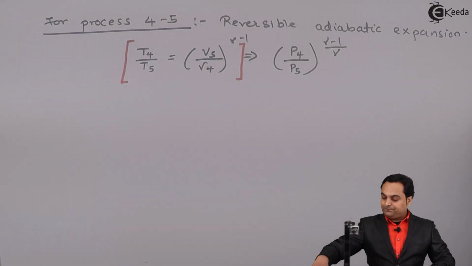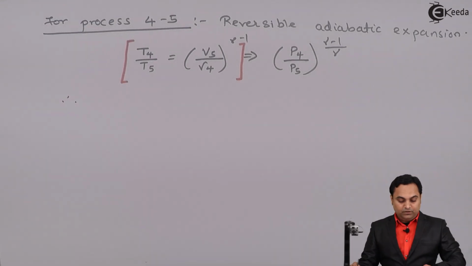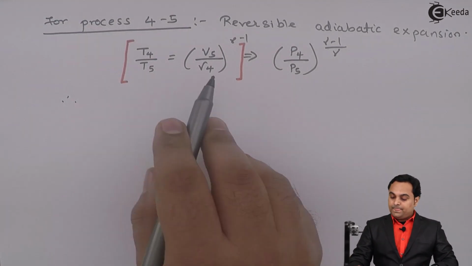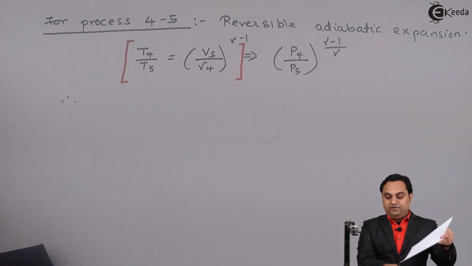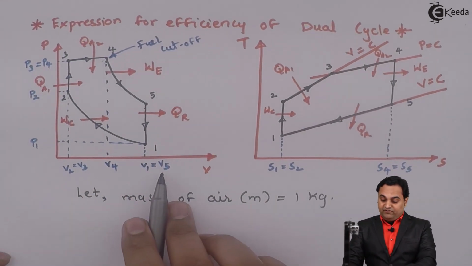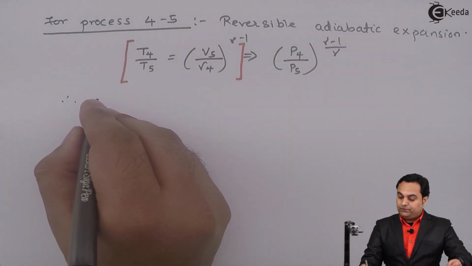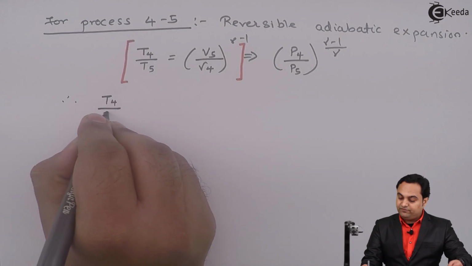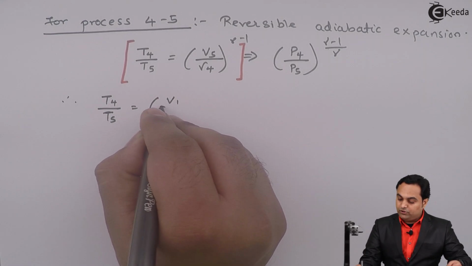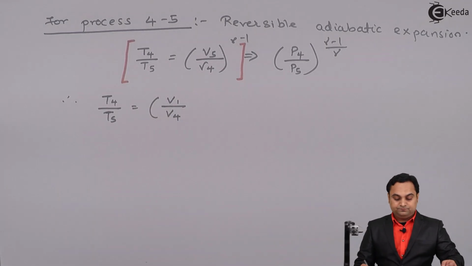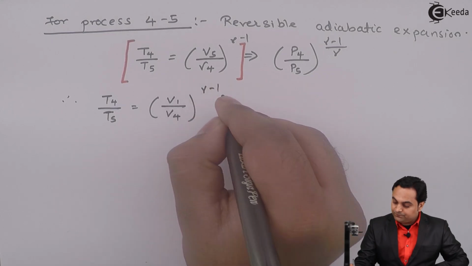So next, therefore here in this case I'll use some form of simplification, like V5 is equal to V1, so I'll replace V5 with V1. So therefore T4 upon T5 will become V1 upon V4, it is raised to gamma minus 1.